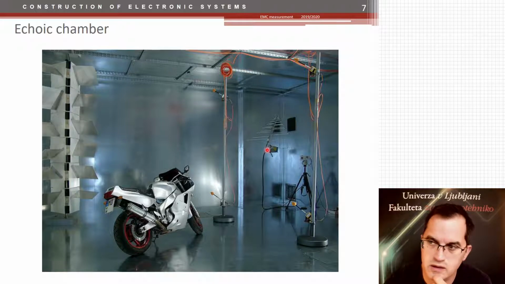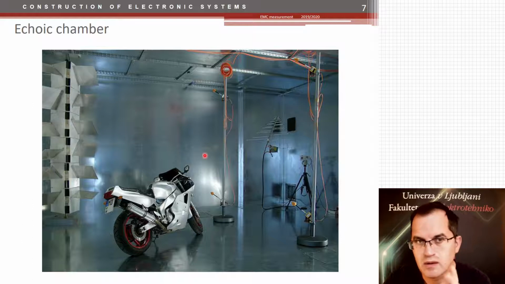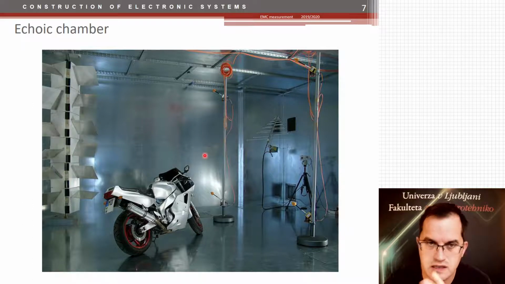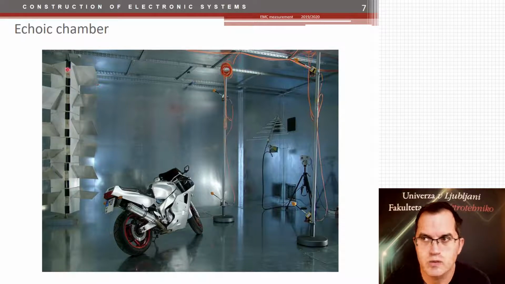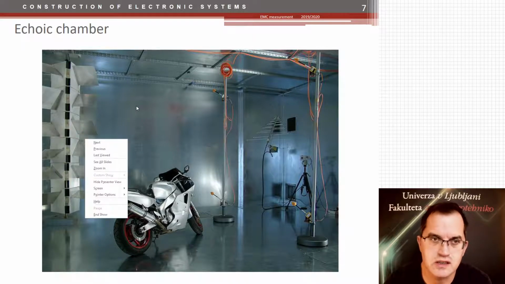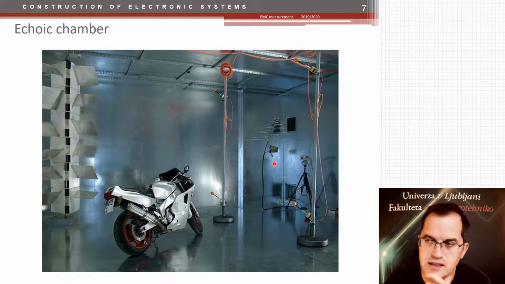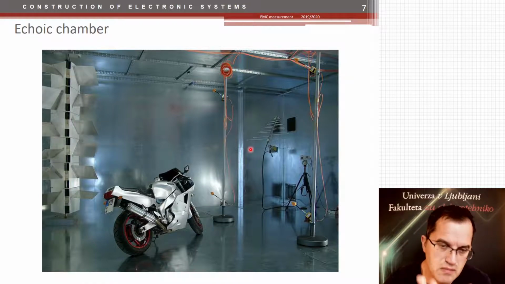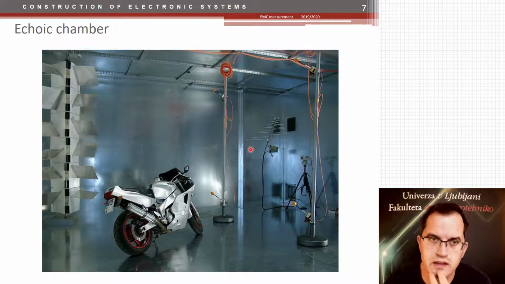So we have some hills and some valleys of the signal, and we don't know where the antenna is. So we have some reflective parts which are moving and rotating all the time, and they are changing the pattern of that standing wave. So the valleys and hills are moving back and forth, and this antenna then measures some average value of the electric field.